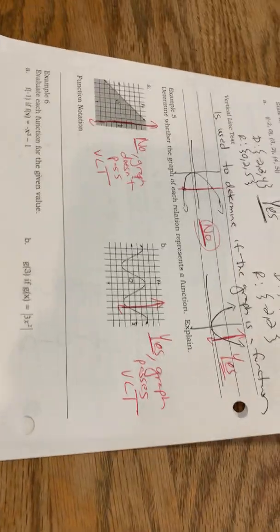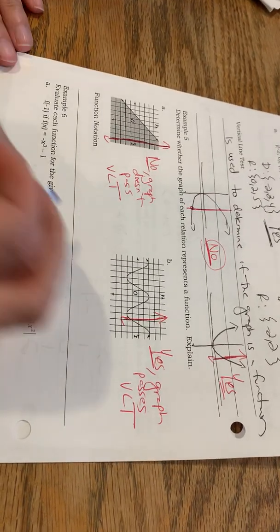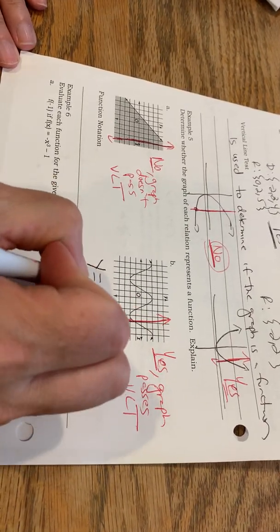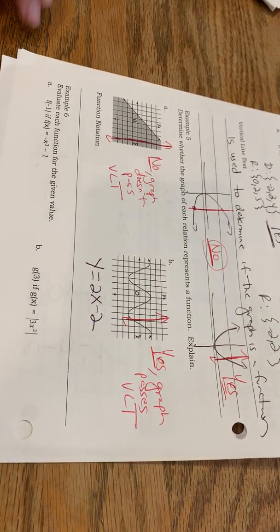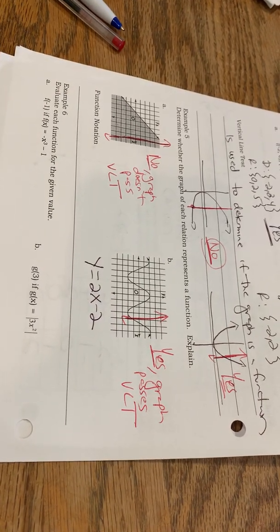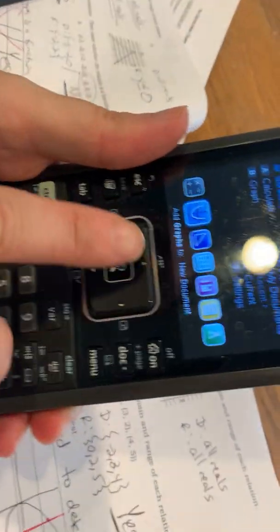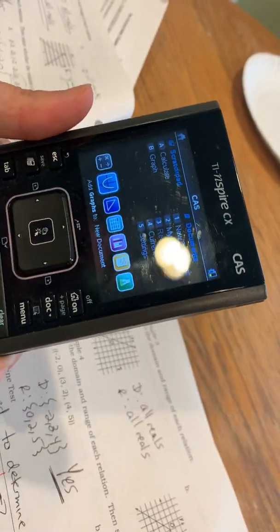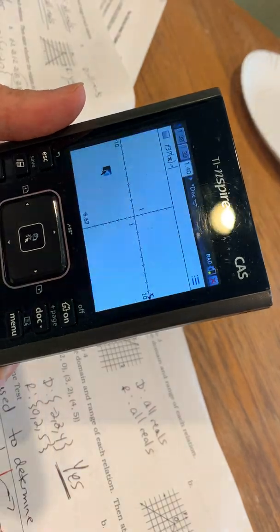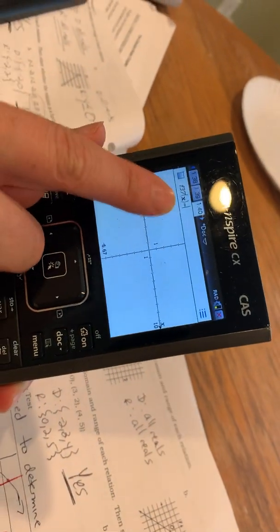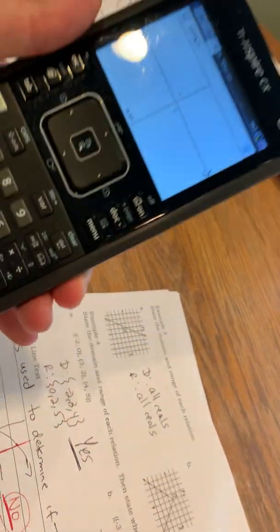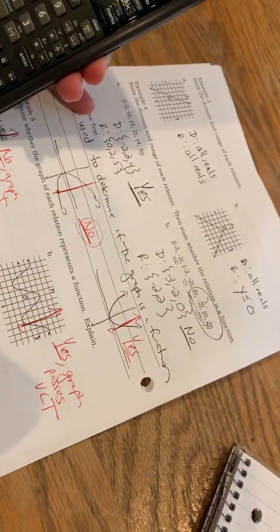Okay, function notation. Here's what this means. If I graphed y equals 2x minus 2 on my Inspire, if I try to type that in, if I go to graph, there's no y equals, it says f of x equals. So f of x is synonymous with y. That is function notation.